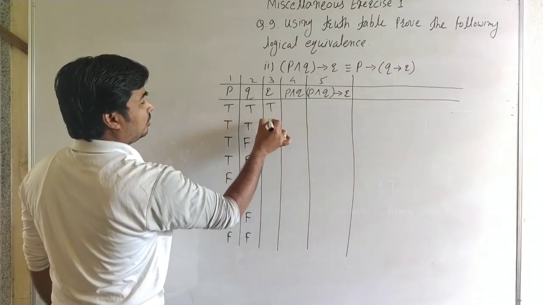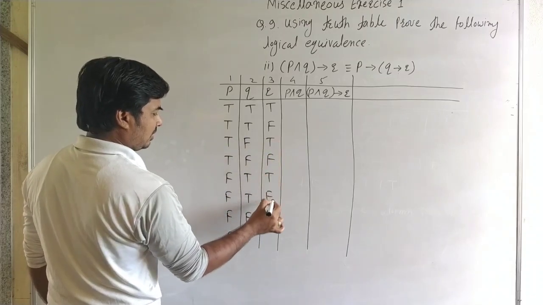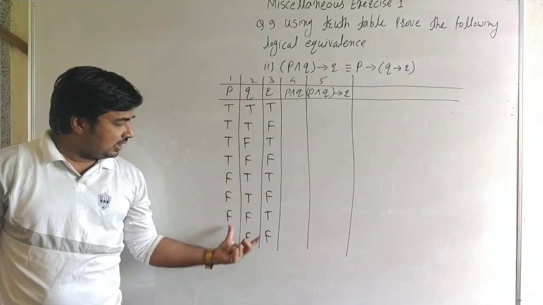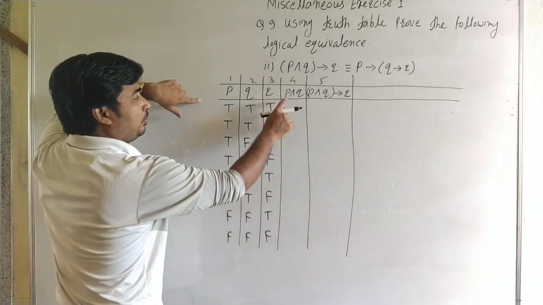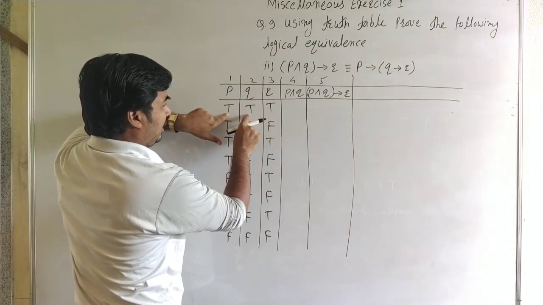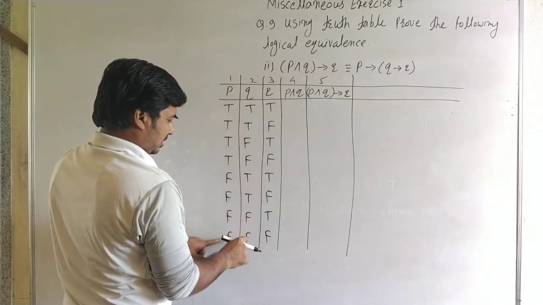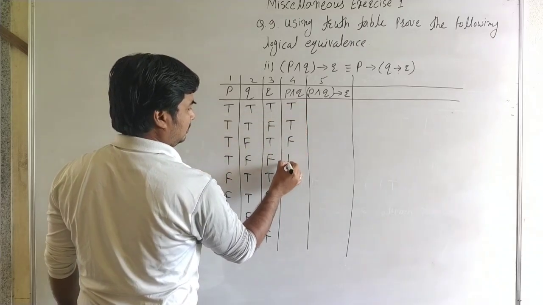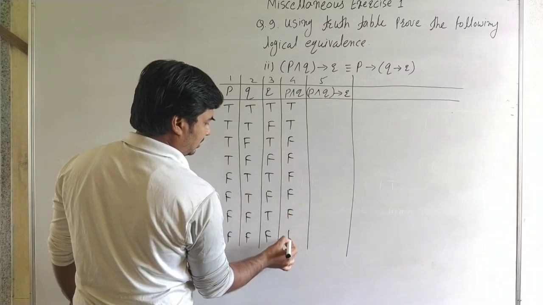And for R: true, false, true, false, true, false, true, false. These are the 8 possible combinations of the truth values of the three statements. Now first P and Q in AND: when both are true, the result is true. It is true, true, then false for all the rest. Only the first 2 are true and all the others are false.